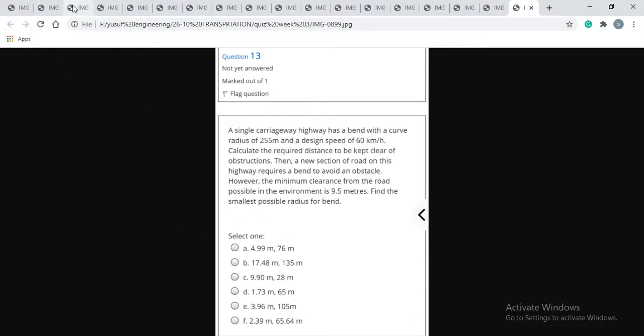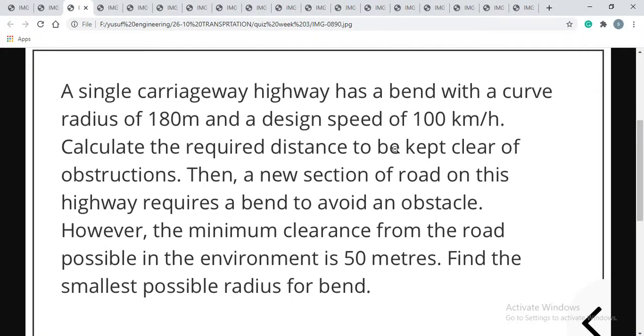I have already solved question number 3. You just need to calculate the distance here, just get this one value, and you will get the whole answer.